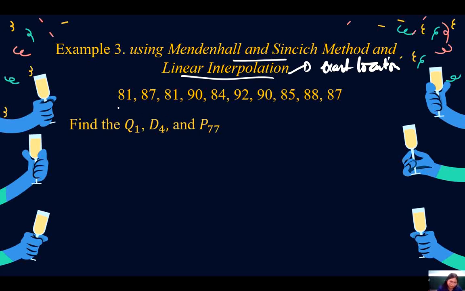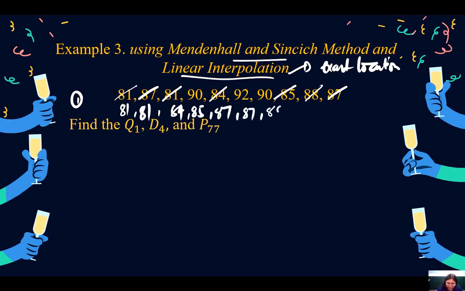So 81, so let me write here our step 1 kasi baka kulangin tayo ng space, class. So 81, so eliminate na to. Then another 81 because of this. Then 84, 85, 87. Next, another 87, 88, 90. We have 290 and 92.